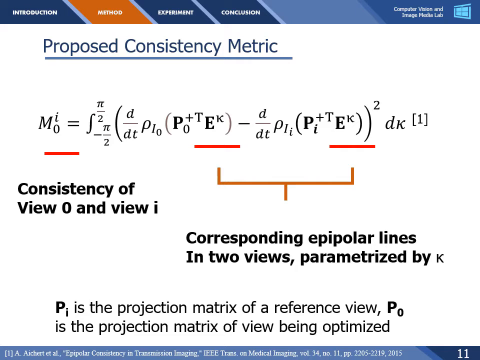In this equation, P1 is the projection matrix of a reference view, P0 is the projection matrix of the view being optimized. Using projective geometry, the corresponding epipolar lines can be calculated by multiplying the transposed pseudo-inverse of the projection matrix and the normal vector.